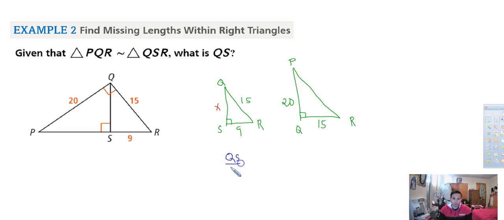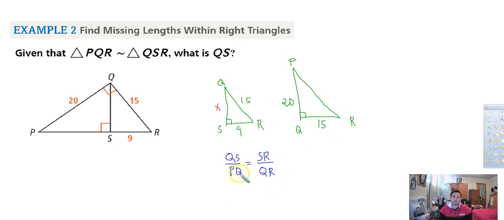QS corresponds to PQ. There is also the given 15, which is RQ or QR, and then we have SR. Since QS is unknown, we cannot use that 15, so we'll use SR and QR.